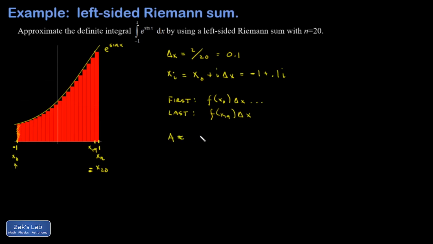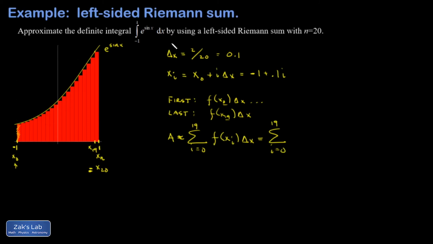The area is going to be approximately equal to the sum as i goes from 0 to 19 of f of xi delta x, and then I can put in what my function f is.